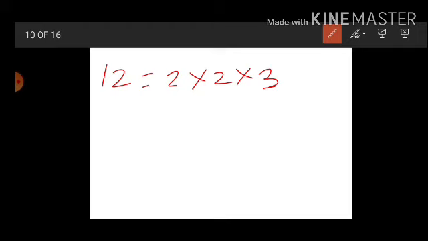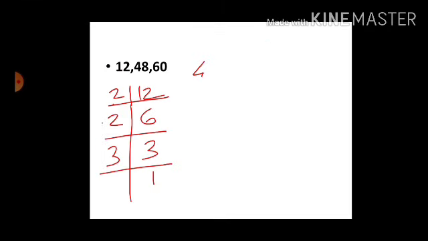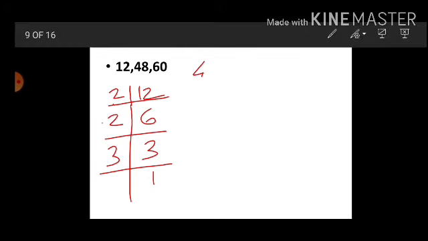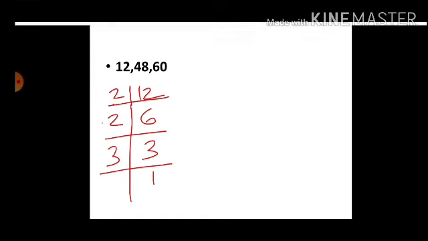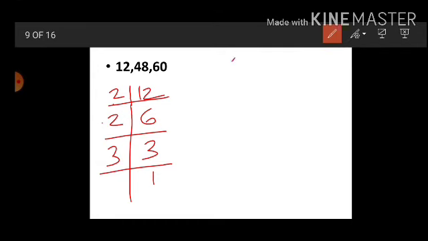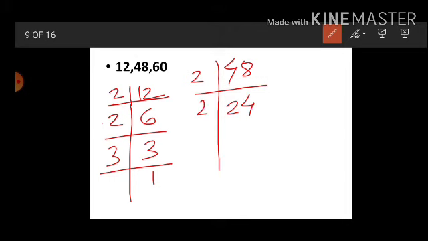Okay. Now next one. First we take out the factors of 48. Now 48 is again an even number, so 48 is divisible by 2. 2 2s are 4, 2 4s are 8. Again 24 is divisible by 2. 2 1s are 2, 2 2s are 4. Again 12 is divisible by 2. 2 6s are 12.